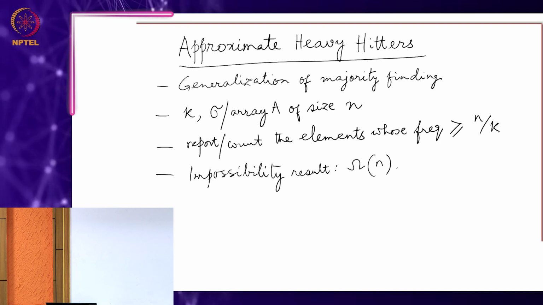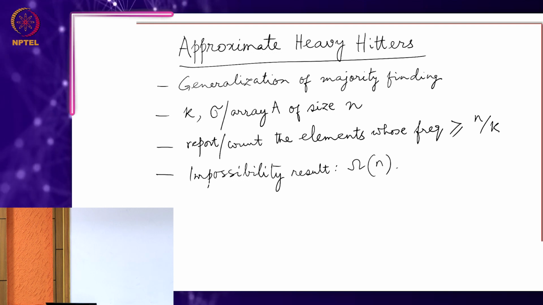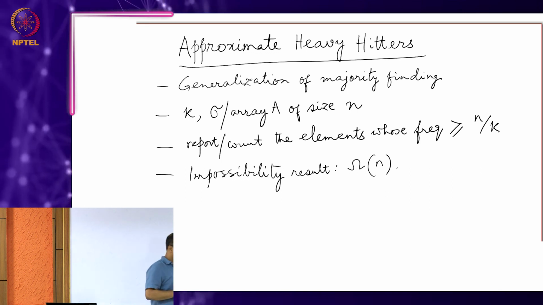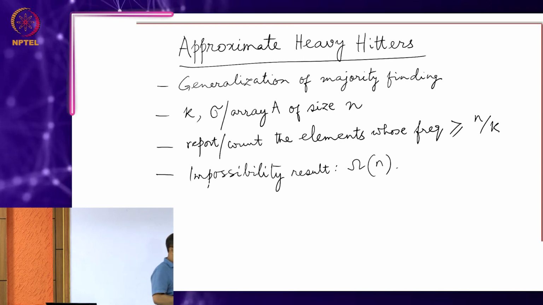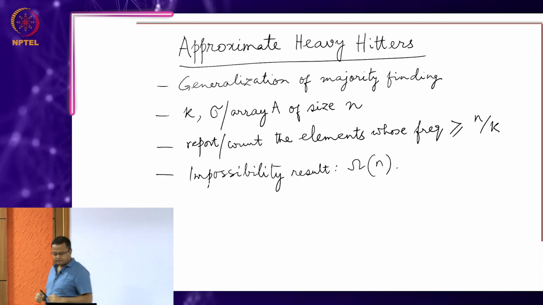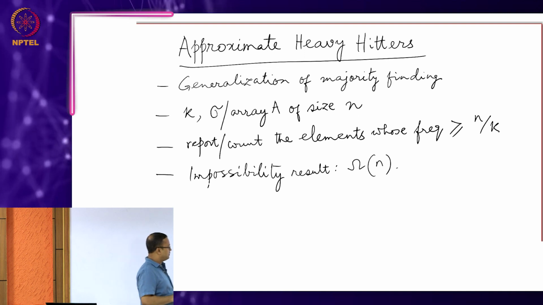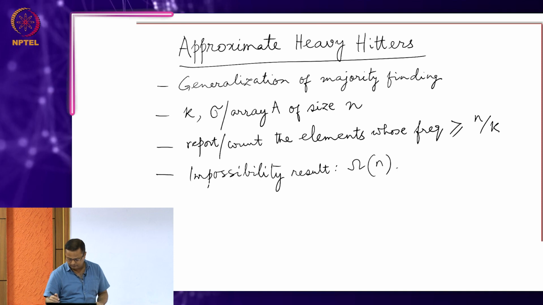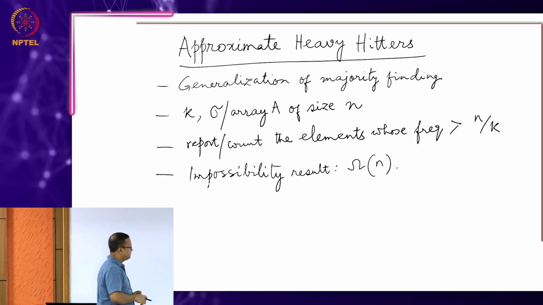So, like for majority we maintain one count. But k can be anything, right? So when you say impossibility for arbitrary k, it should be max of n and k, right? Okay. Also the frequency is strictly more than n. Yeah, I should be careful there.